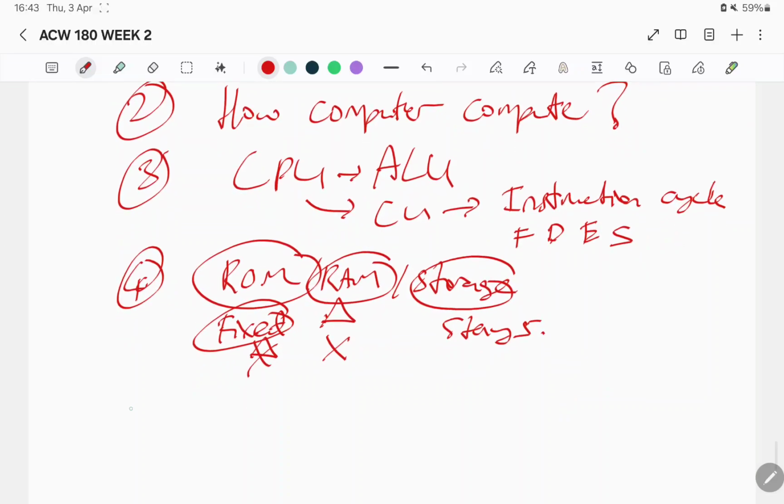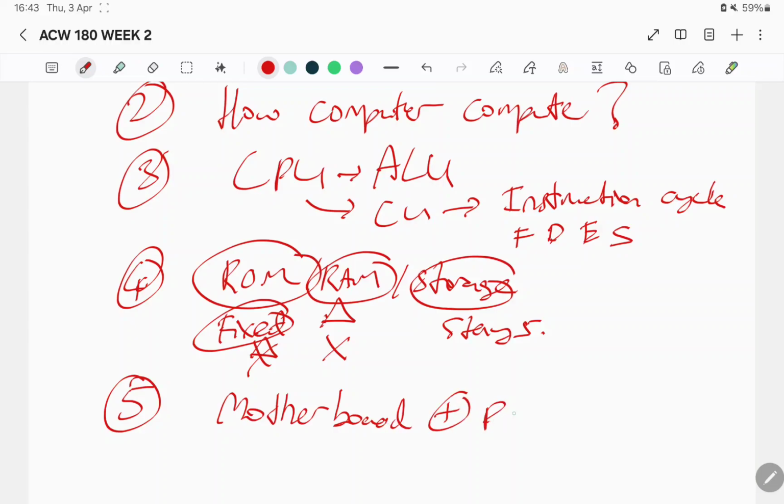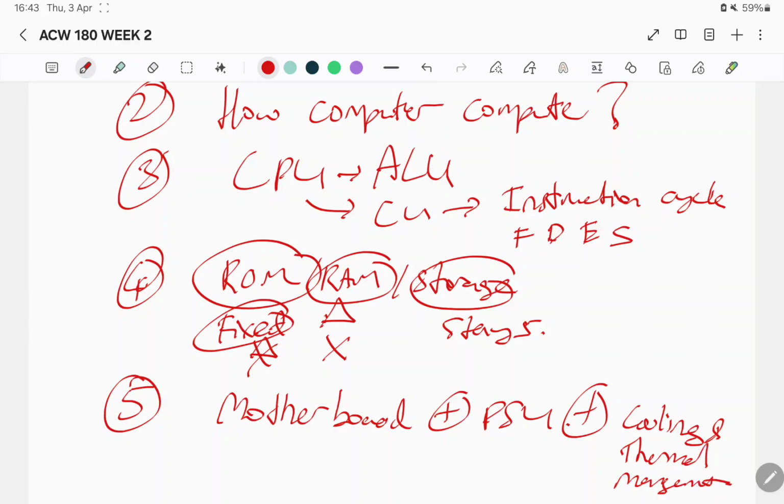And finally, number five, we talk about the motherboard, plus the power supply unit, plus the cooling and thermal management.